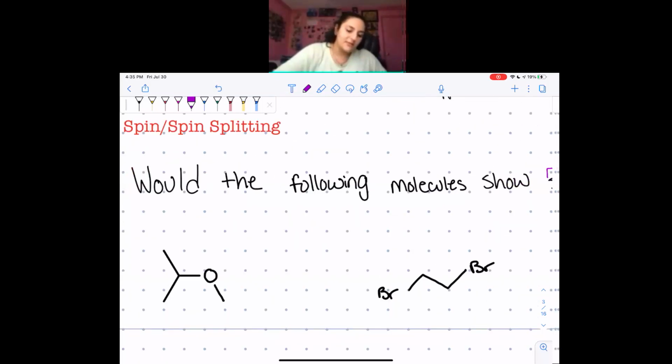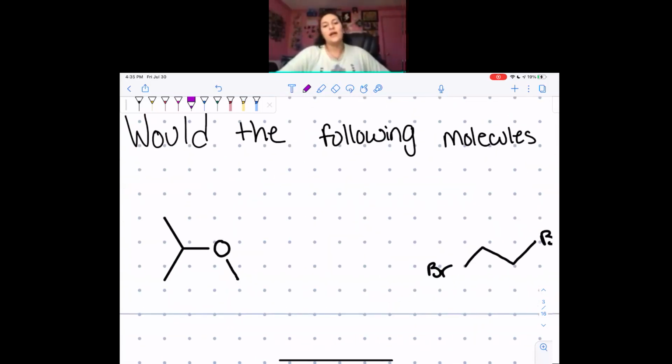We're looking for at least one hydrogen that's not a singlet. These guys have 0 neighbors because there's a heteroatom, and you can't go through that. So this is a singlet.